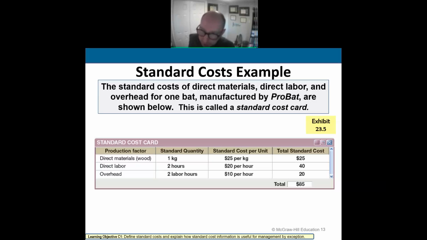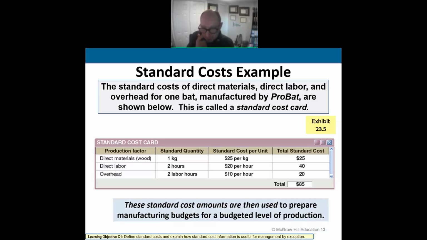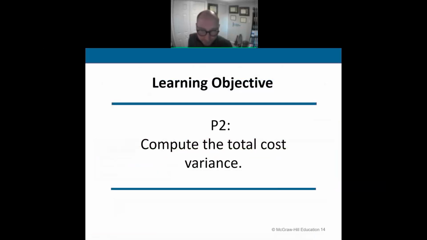We call them standard costs because that's like our benchmark. It's our expected cost in each area. And then I would take that amount, or those amounts, to prepare my manufacturing budget, which will help me to compute my variances.